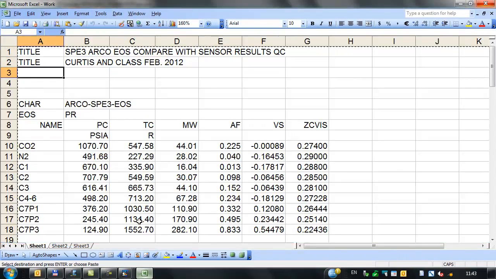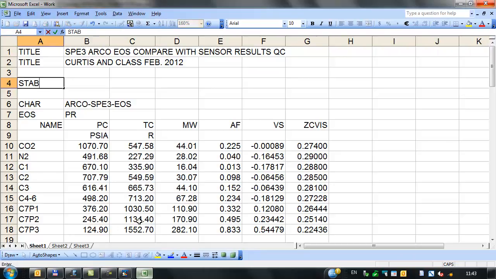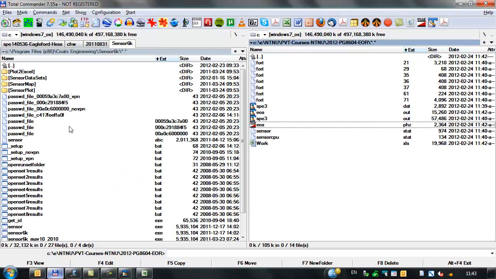So what we'll do is write up here stability. I don't remember the one. I'm not sure, I have to go check the manual of this.